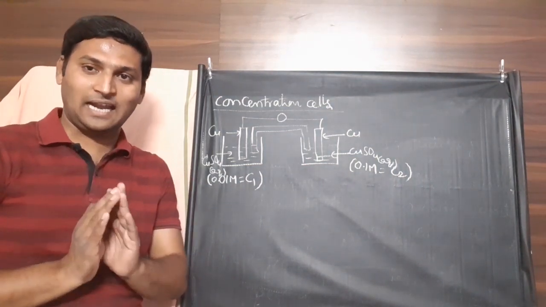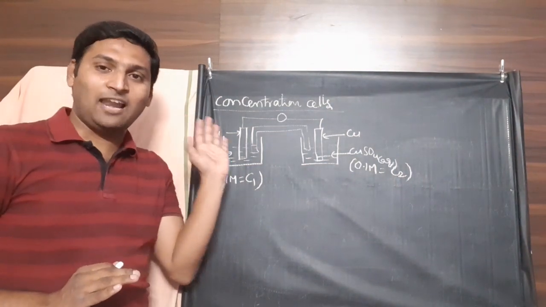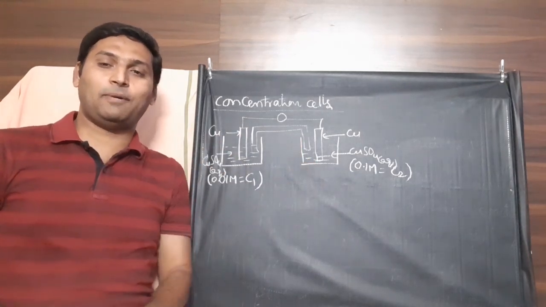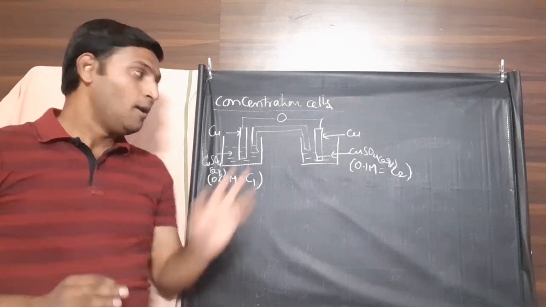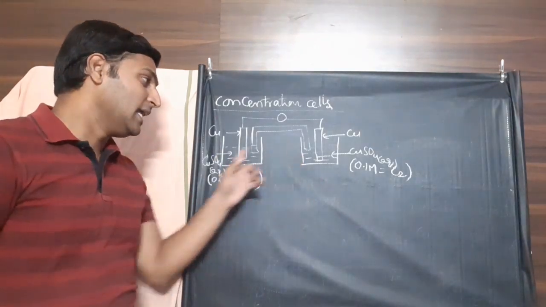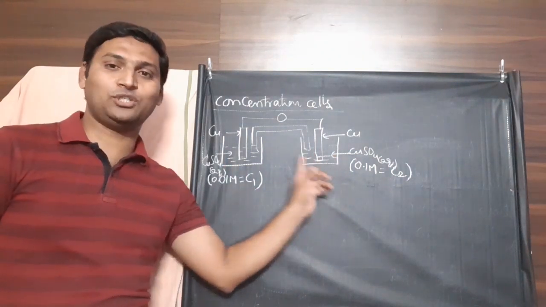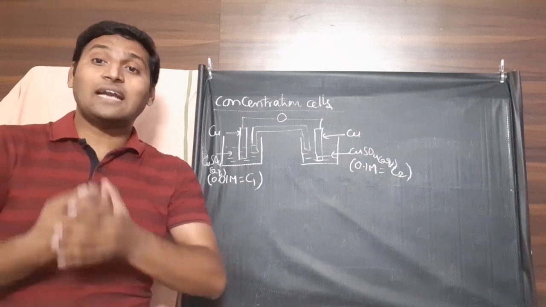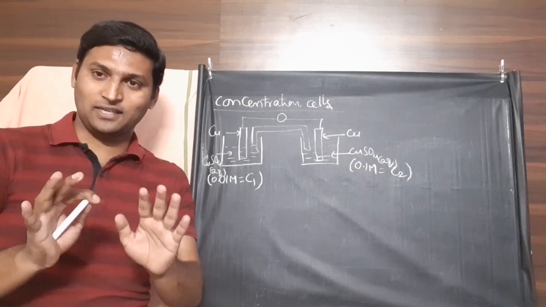Please understand, it is a galvanic cell in which both the half cells are made up of the same components. Both the half cells' composition is the same, but the concentration of the solutions taken is different. How does that generate voltage? It's very simple.